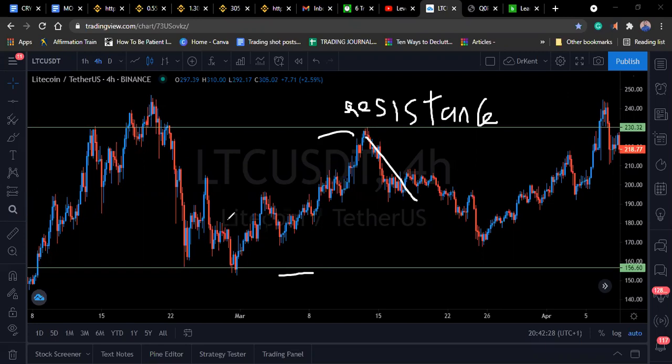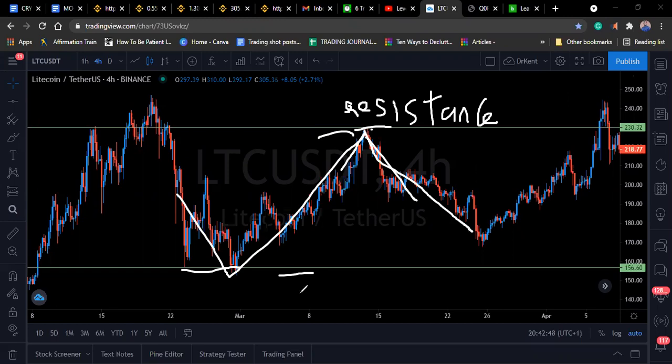Your support level is the level below price where price gets to and starts reversing. Then your resistance level is the level that is above price. Now, price is below this resistance level. Price got there and started to drop.